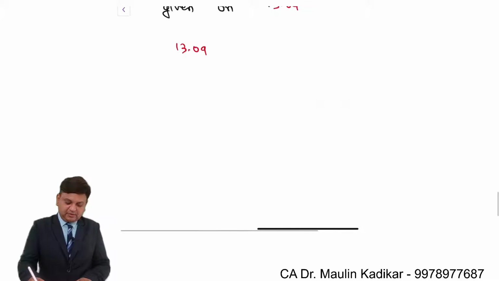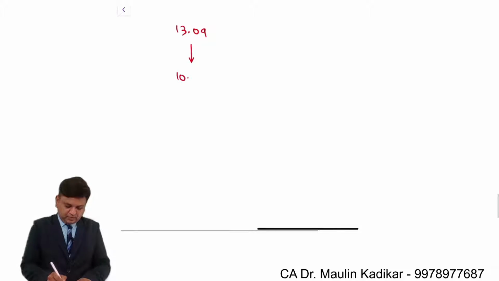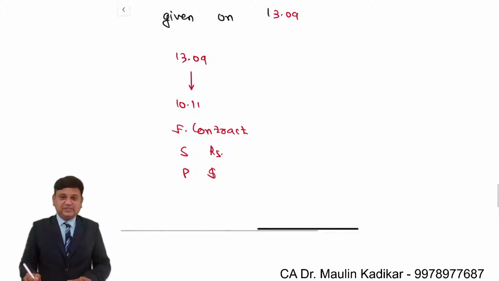So on 13th of September, for 10th of November, the forward contract will be sell of rupees and purchase of dollar.